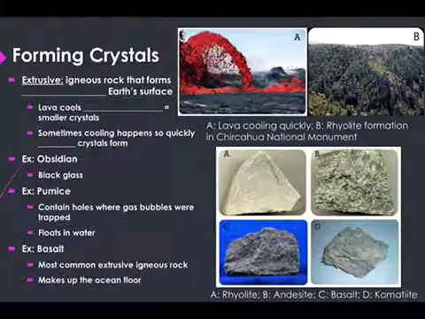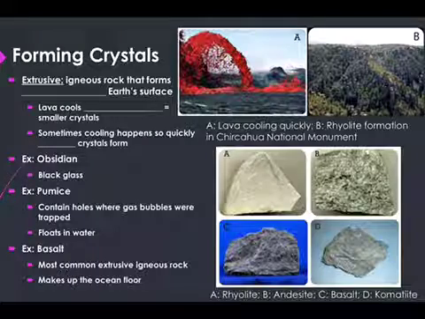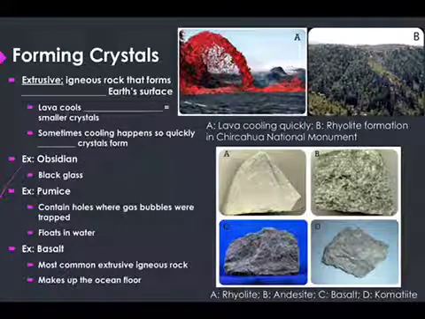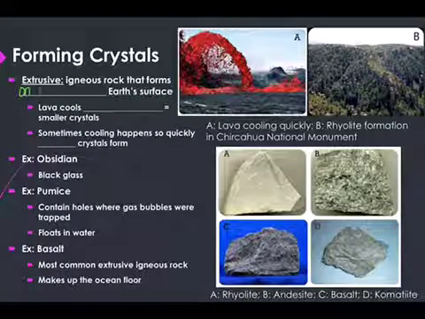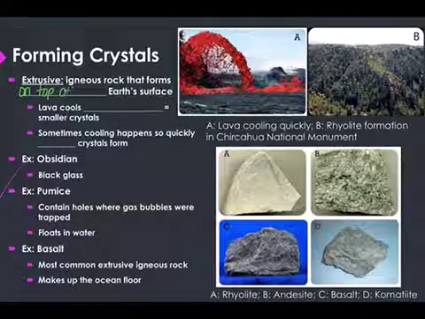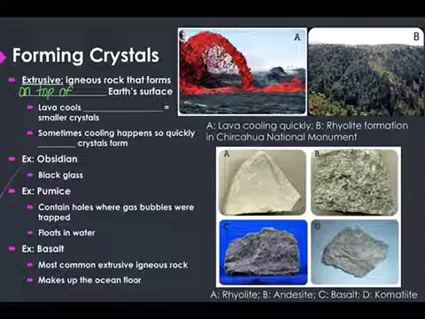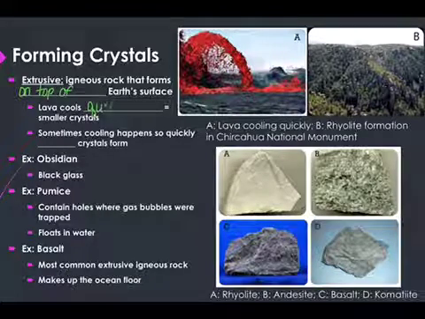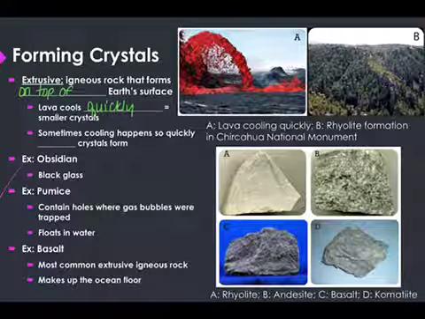The opposite of intrusive rocks are extrusive rocks. And they form on top of Earth's surface. So this means that the lava is going to cool very quickly. And so the crystals will be much smaller.